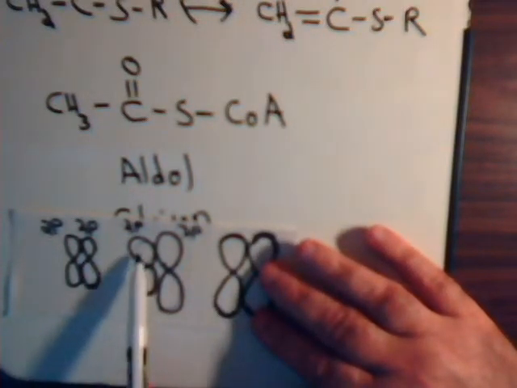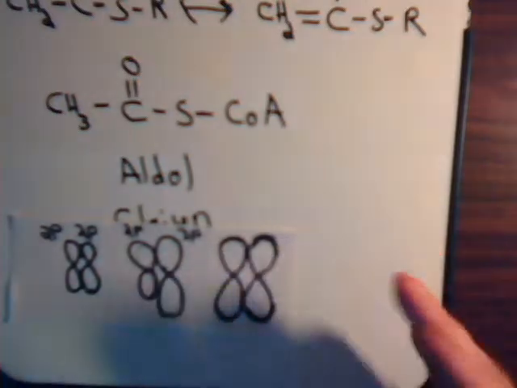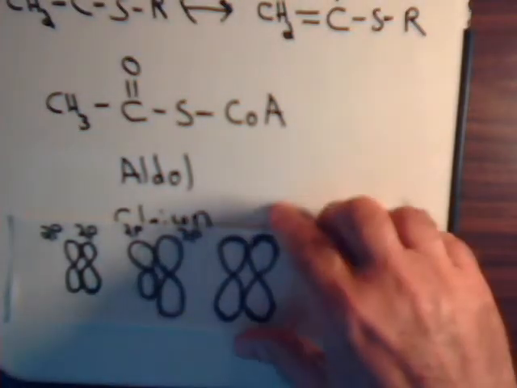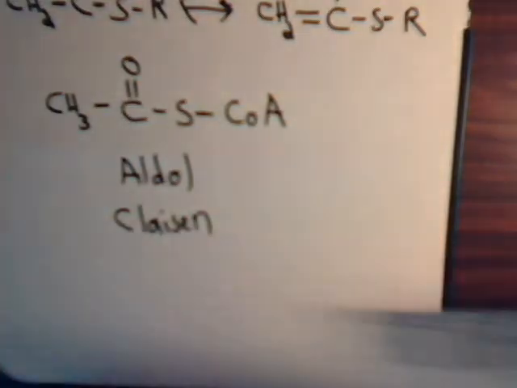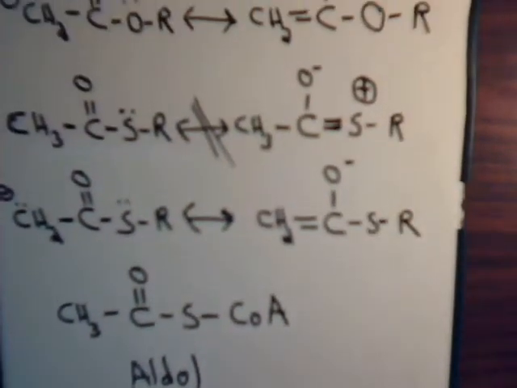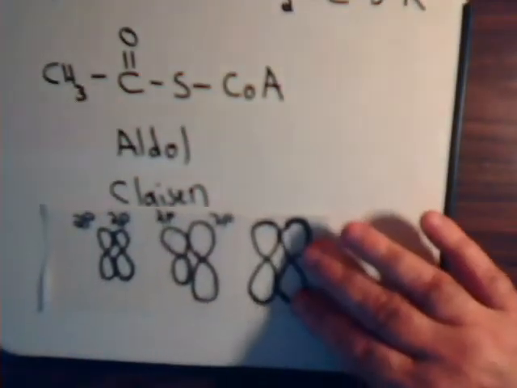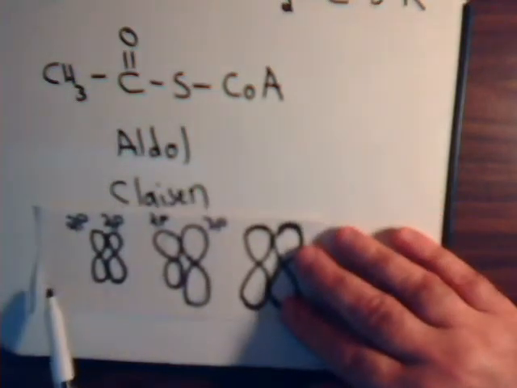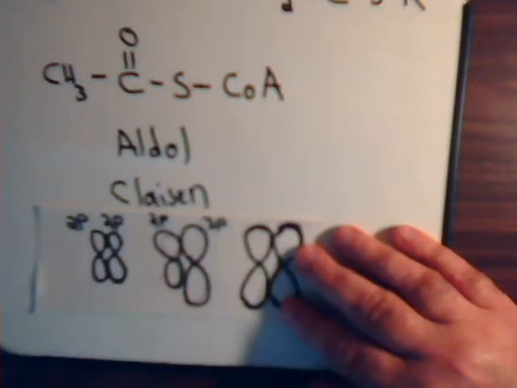Carbon has a 2p pi orbital, sulfur has a 3p pi orbital. You don't get the overlap. You don't get the overlap occurring extensively enough to form a strong pi bond, as when you do when you have two 2p orbitals overlapping.